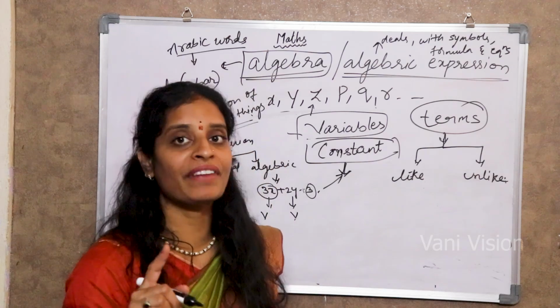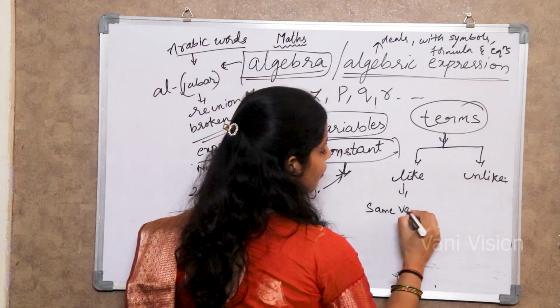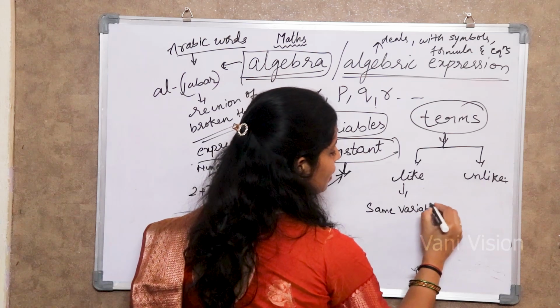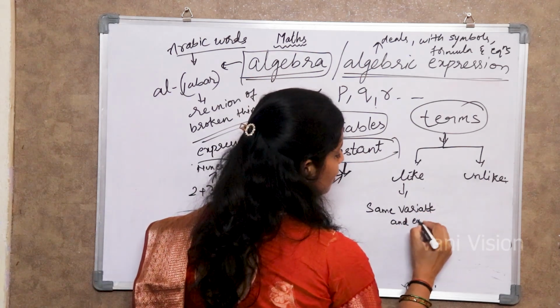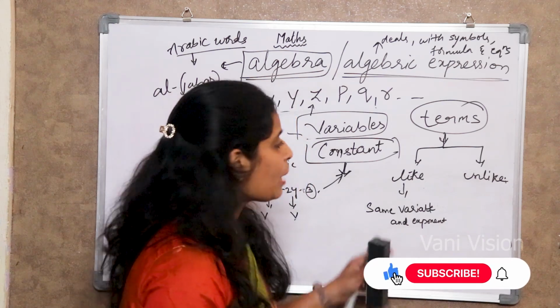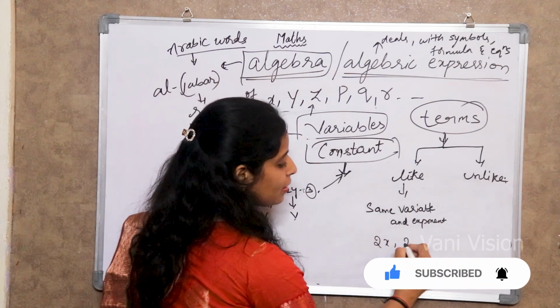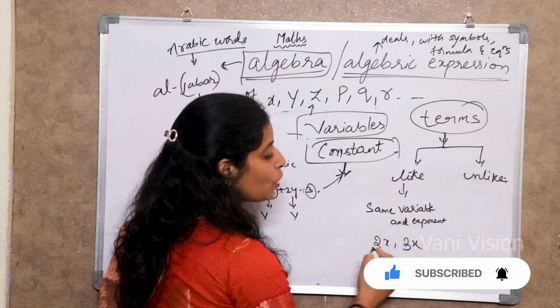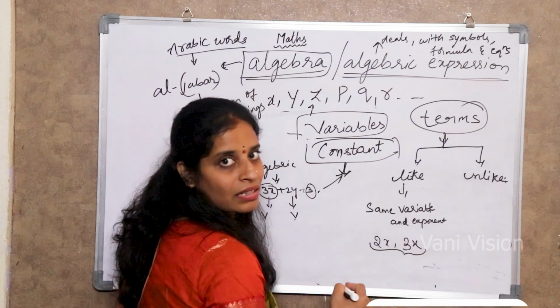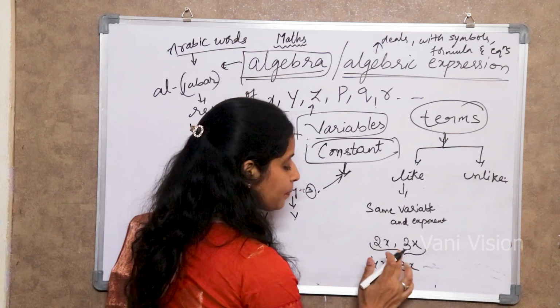Exponent means power, don't get confused. Same variable and same exponent. See one example: 2x and 3x are both like terms. Suppose 4x square and 3x are there.